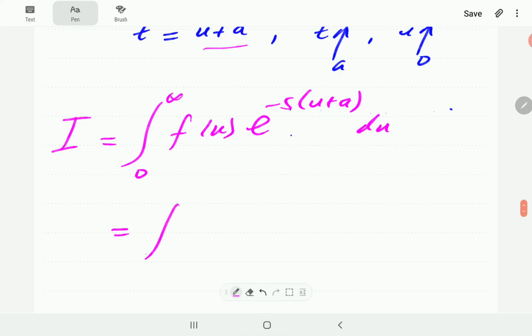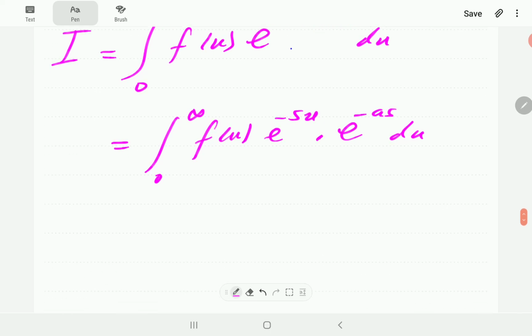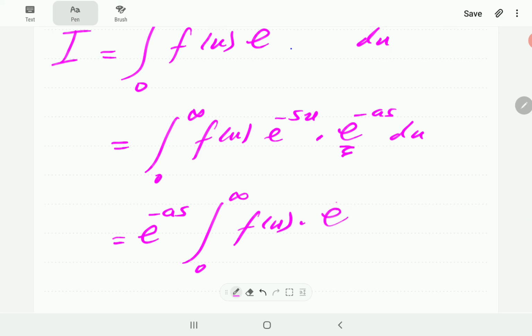Then the exponential term, we can write as e to the minus su times e to the minus as, du. Now, since this is an integral in u, this is constant, so we can factor it out. We have the integral from 0 to infinity of f of u e to the minus su du.